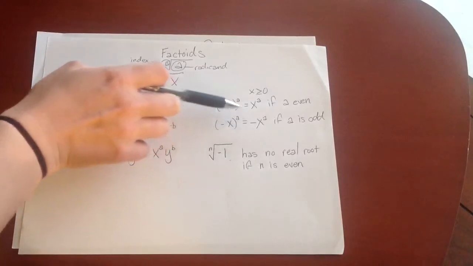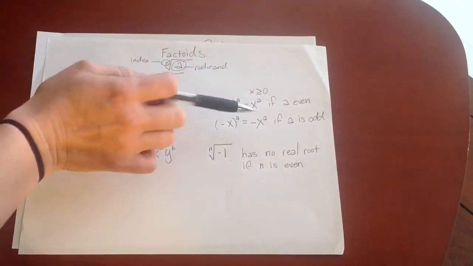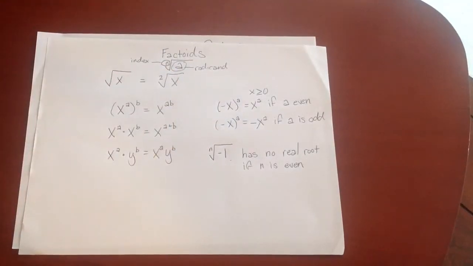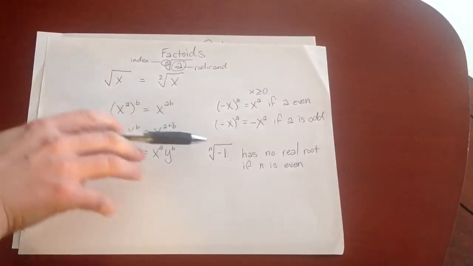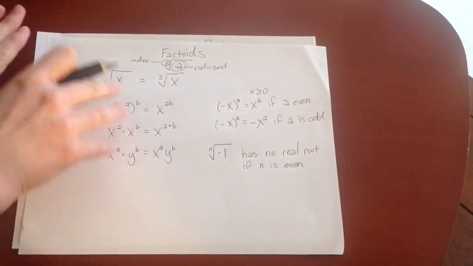So if I have a negative number raised to an odd power, it is going to be negative. And finally, we are looking at just real roots. We know that the square root of -1 is i, but when we're simplifying these radical expressions, we only want the real answers. We don't want complex answers. So we're going to forget about complex numbers for a moment, and stick with the real roots of these problems.